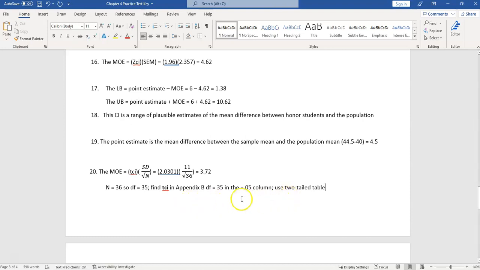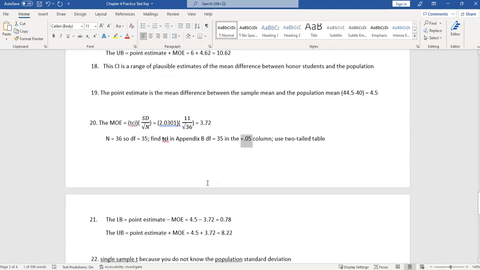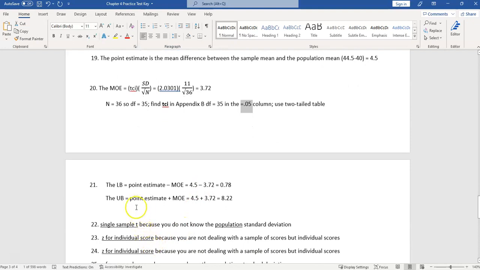And then when you get to the right table, find the DF of 35, and then under the 0.05 column, you will find the T critical that you need. There it is. Then you compute the SEM the way you have many, many times, and there's your margin of error. The next step for 21 is to actually compute the upper bound and lower bound.